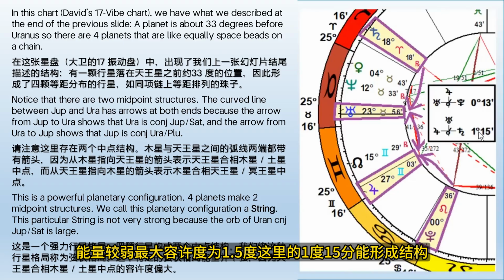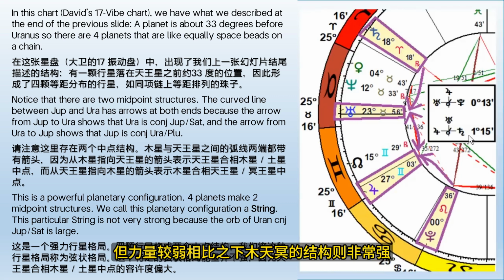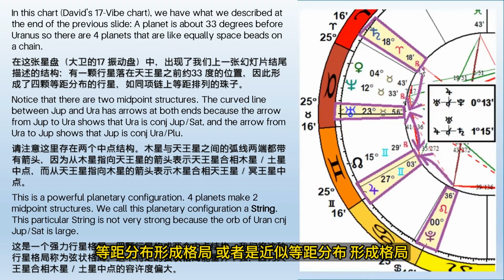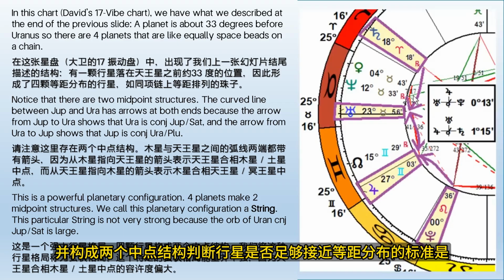The maximum orb is 1.5 degrees. It's weak, it's there, but it's not very strong. The Jupiter-Uranus-Pluto is very strong. But even though this Uranus-Jupiter-Saturn is weak, it is there, and there is this configuration of 4 planets approximately equally spread from each other, and making the 2 midpoint structures.